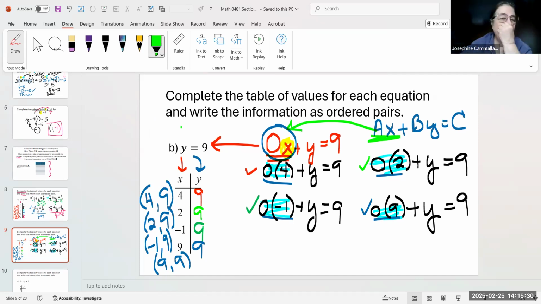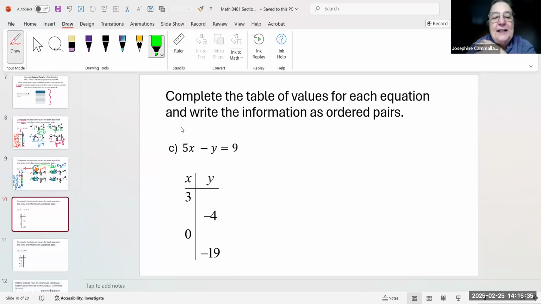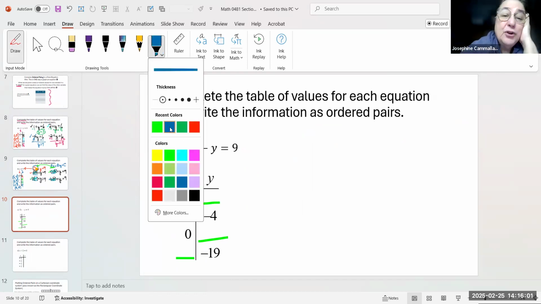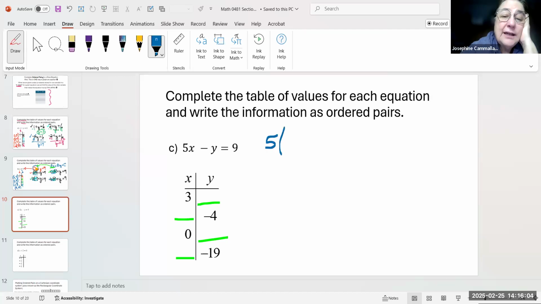Okay. Well, let's try this one. Now this one, they're getting a little different because you're going to notice I have 2 x's and I have 2 y values. So that means I'm going to get 2 y values here and 2 x values here, which means when I rewrite this equation, I am going to write it 5 times 3 minus y is equal to 9.